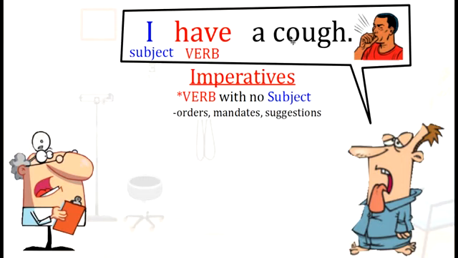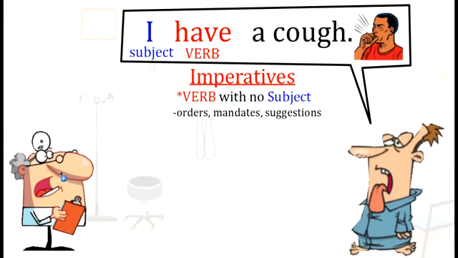This is a normal sentence in English because we have the subject I and the verb have. Normal sentences always use a subject for the verb, but in today's grammar, the imperatives do not use a subject with the verb, and these are orders, mandates, and suggestions.